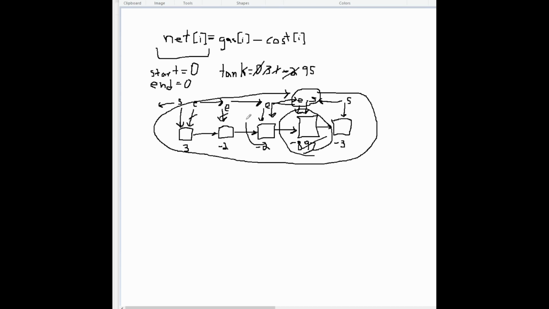So start and end would point at the same gas station, but tank would be negative, meaning this whole loop is not actually possible. And then we can return a negative 1 and say there is no possible loop because we've pushed start back as early as possible and we never made up for the gas that we needed.